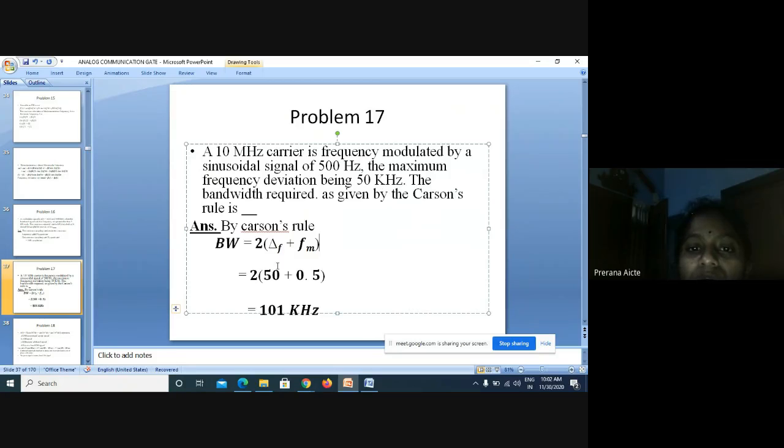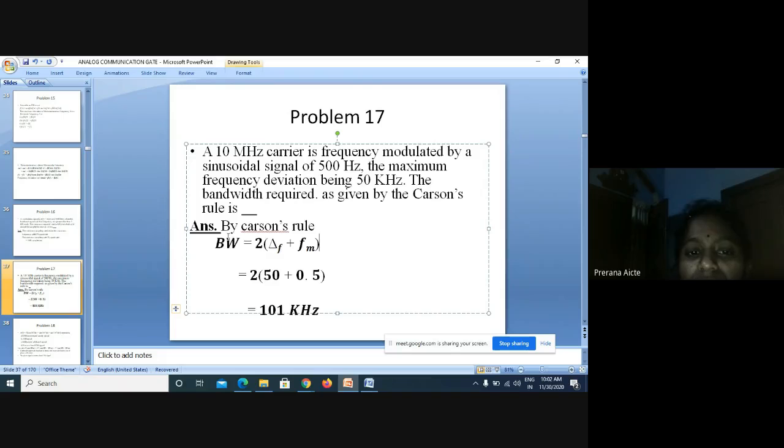So 2 into del f plus fm, where del f is 50k and fm is 500 hertz. When we add, we'll get the required bandwidth. The bandwidth required for transmission of this signal is 101 kilohertz.